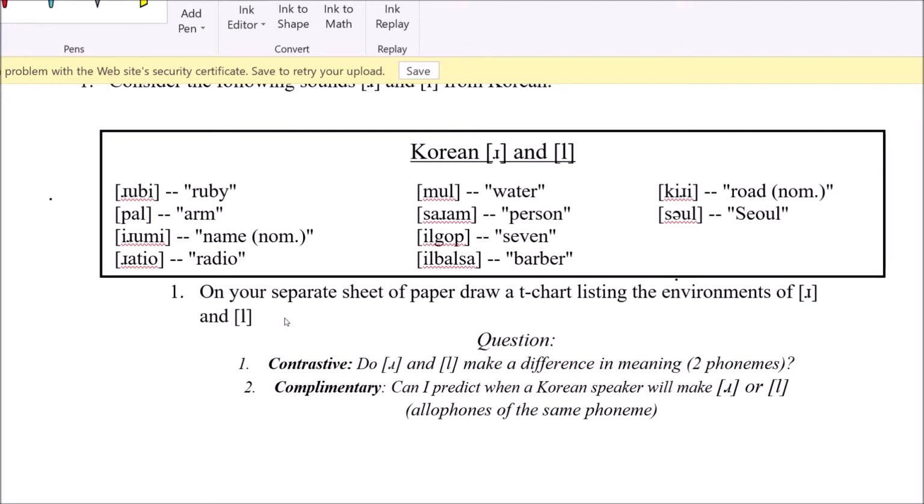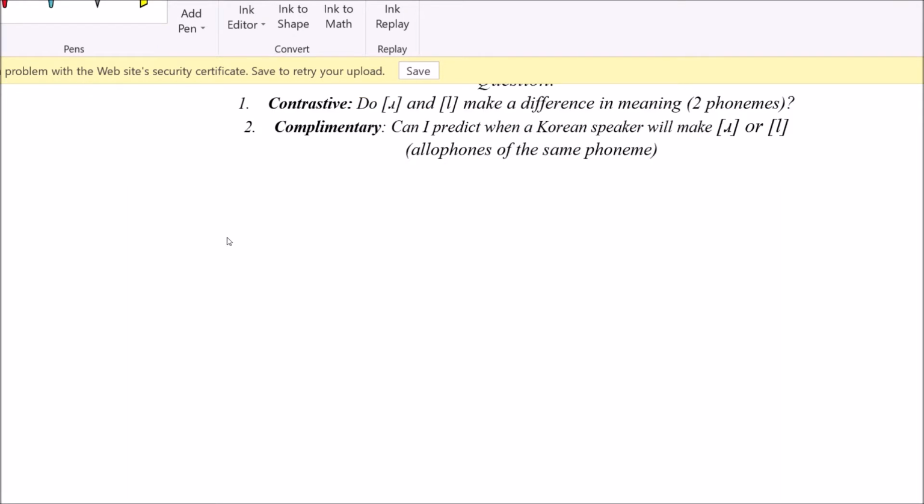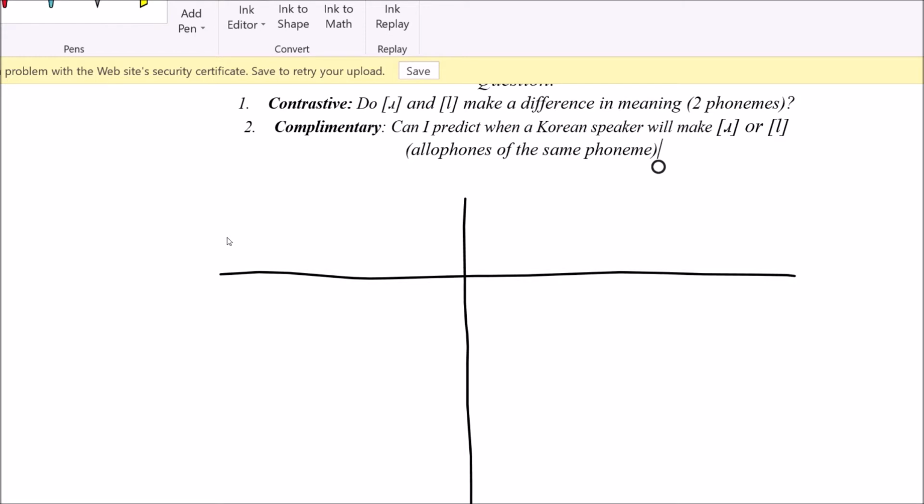So we're going to start by doing that. We're going to make our chart. Okay, so making our T-chart right here, just like this, and the two sounds that we are looking at.